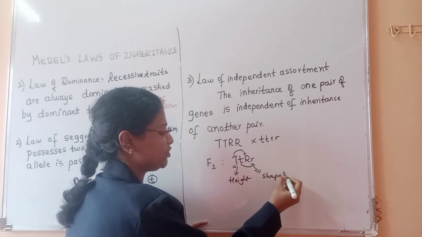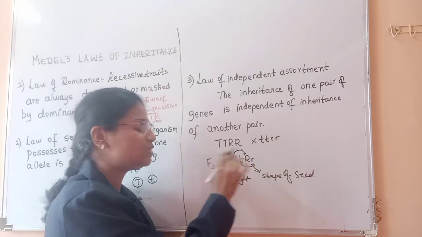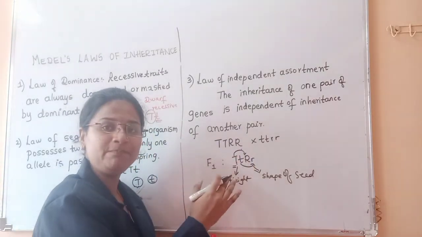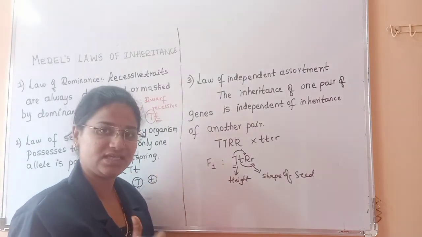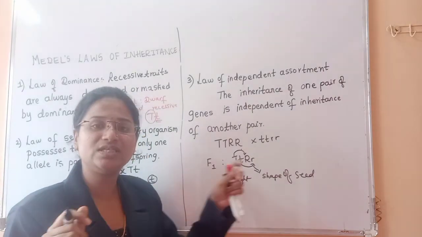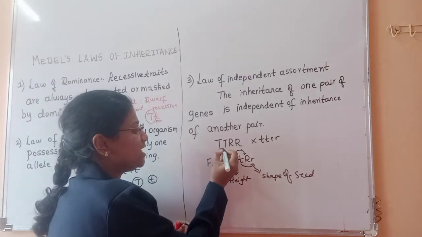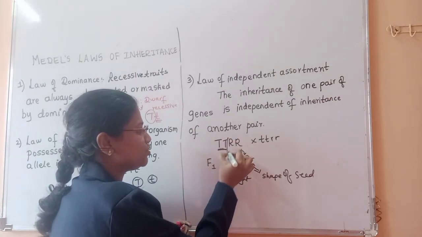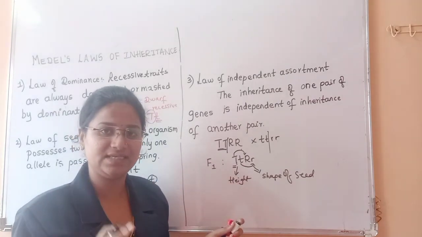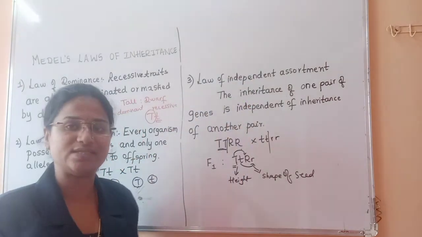So the alleles of these genes are not dependent on one another. They will express themselves independently. These will not intermix. If it is tall, the seed should be round; if it is short, the seed should be wrinkled. No, no such things. Only based on their alleles, they will express themselves separately, independently. This is called the law of independent assortment.